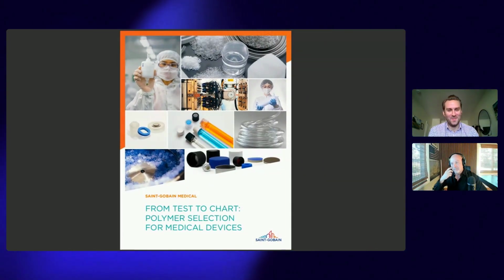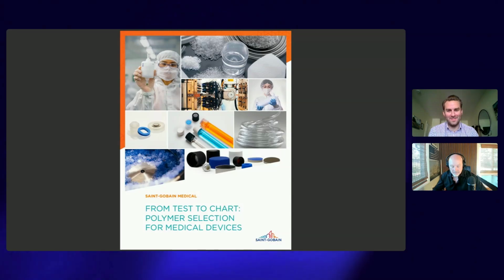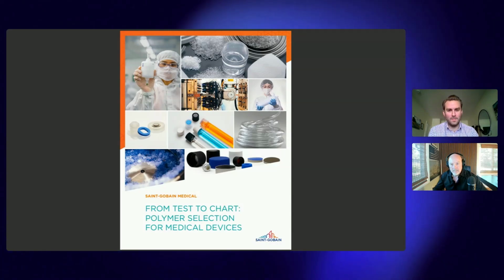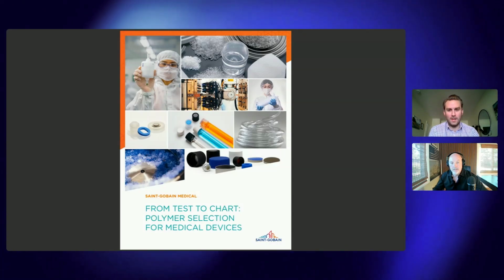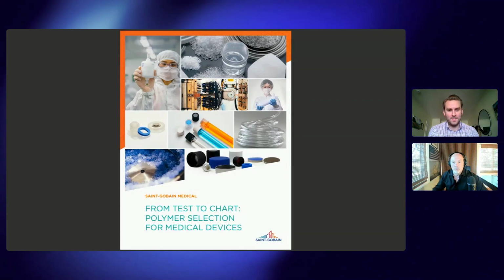From test to chart, polymer selection for medical devices. There are 13 categories, and that's awesome and very comprehensive.